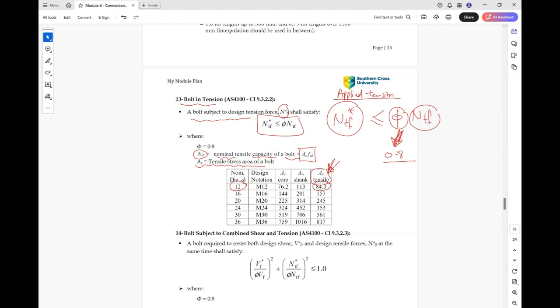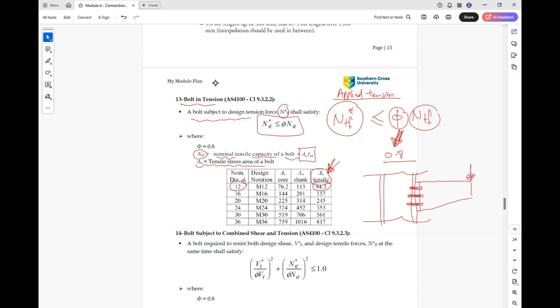Okay. So an example of tension on the bolt connection. If we have this type of connection here, for example, we might have a few bolts here.